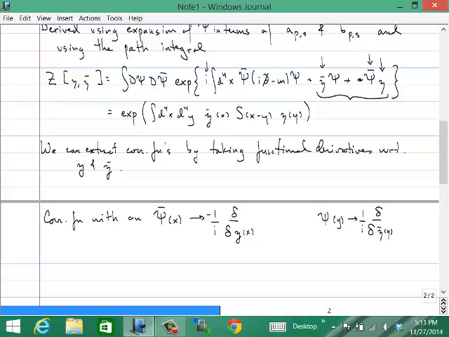Similarly, for every incoming positron, incoming particles are denoted on the left. We need to label it by its momentum.